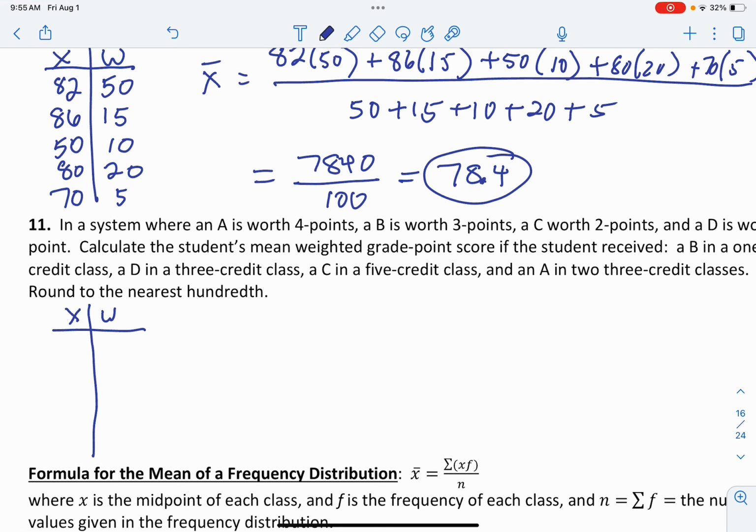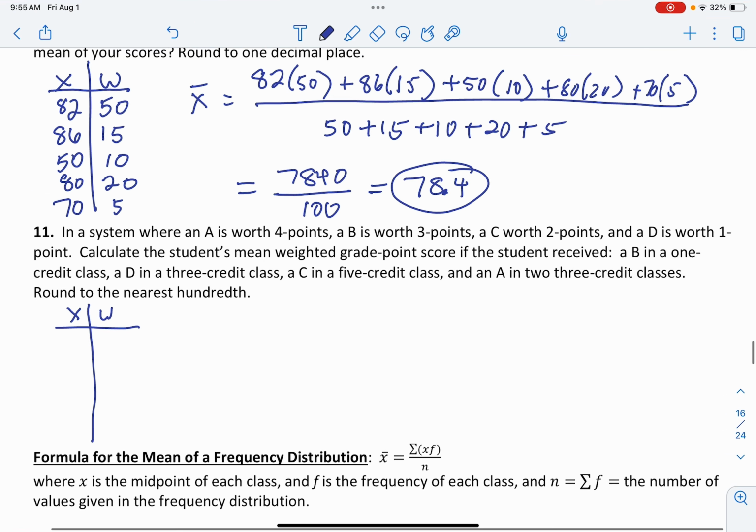So in this case, let's see, what did the student do? They got a B in a 1-credit class, or 1 credit or unit, however you want to say it. So a B is worth 3 points, and the weight is 1. Right? And then they got a D in a 3-credit class. The D is worth 1 point, and then 3 credits.